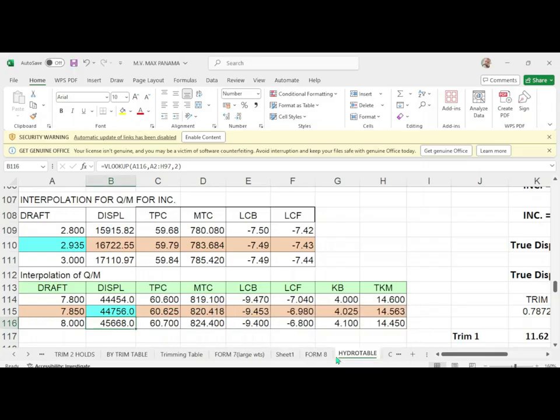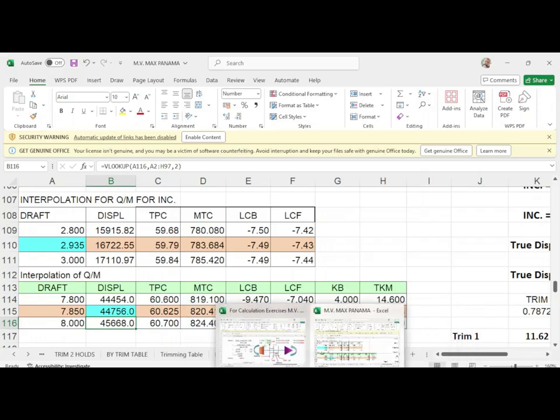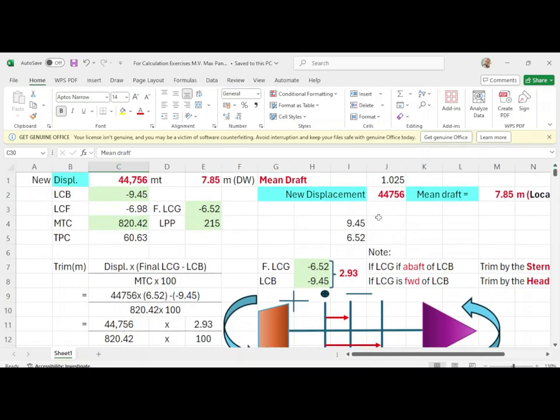I made a program in Excel. With your displacement of 44,756, that will be 7.85, and the corresponding draft is 7.85.